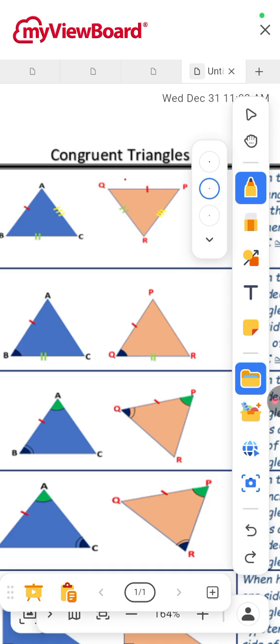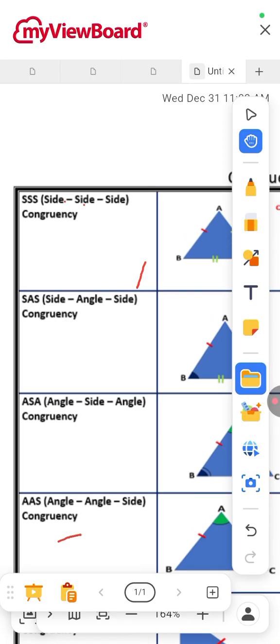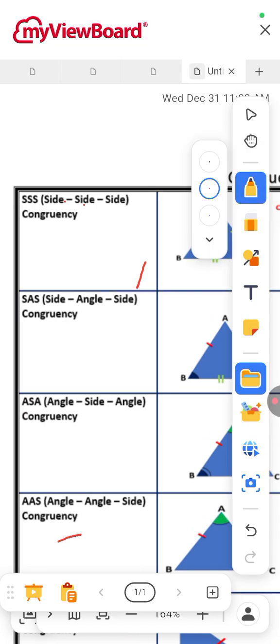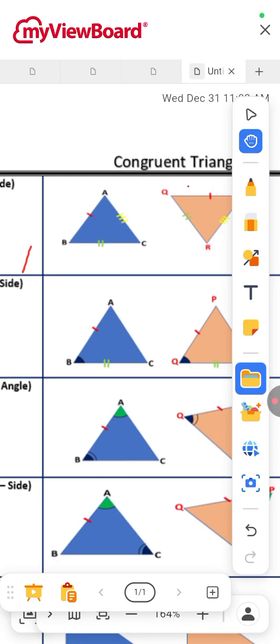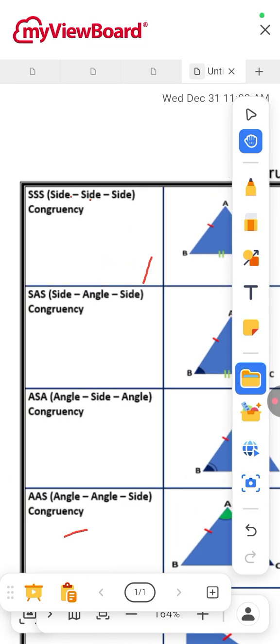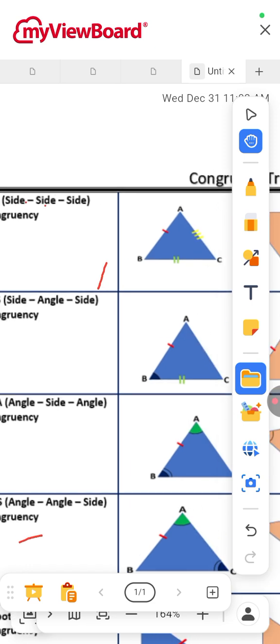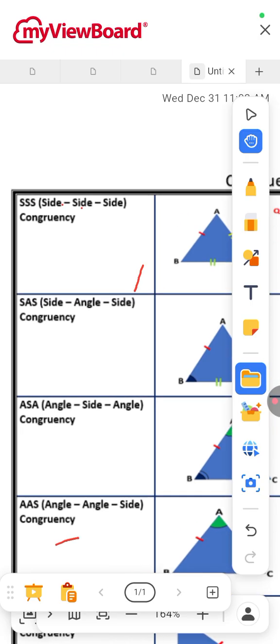So once you can see this condition in two or more triangles, then we have seen the condition of SSS congruency, which means three sides from one triangle are equal to three sides from the other triangle, or just simply say that three corresponding sides are equal. So that's the first condition.